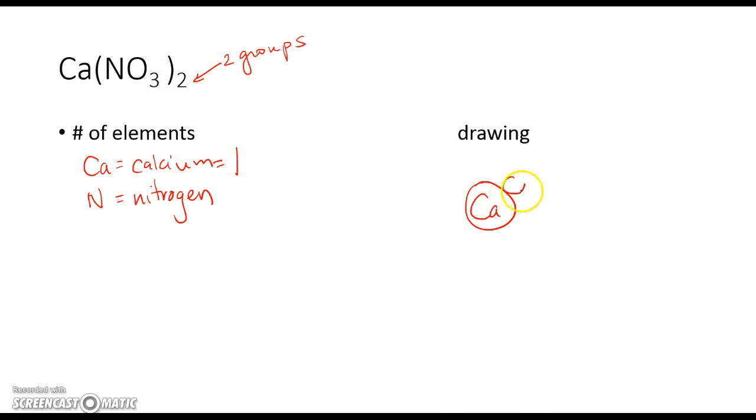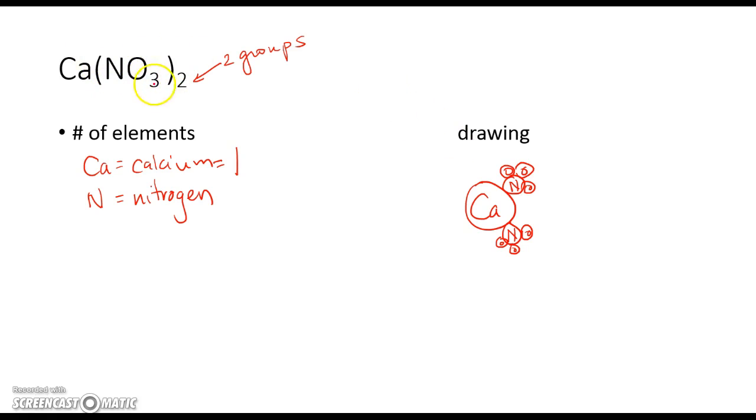So that means that one group of NO3 would be N with 3 O's. And because they're in parentheses, you kind of keep these elements together. But I have 2 groups of those. And so that's why I'm going to do another N with 3 O's. Okay? So again, this says that I have 2 groups of NO3.